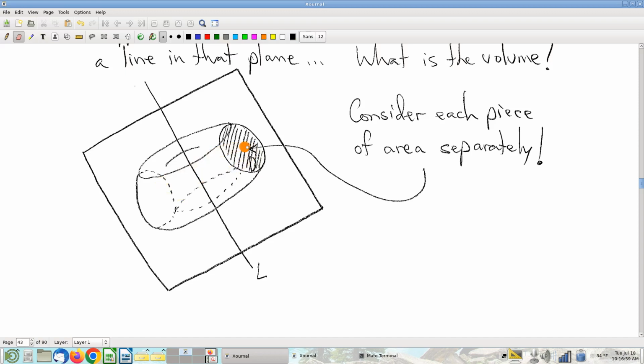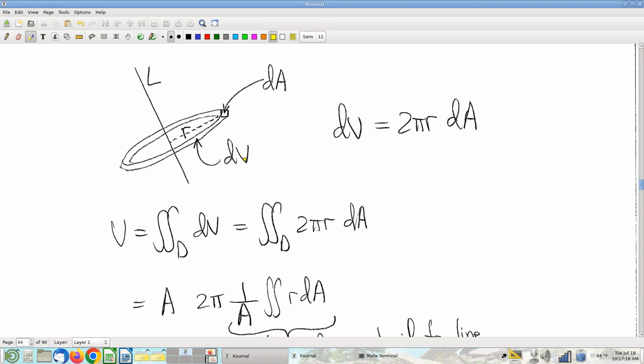All right. So what I'm going to do is write down a formula for the volume generated by one little piece of area, and then I'm going to add that up over the entire region, aka I'm going to turn that into a double integral. So here's that process. First little piece of area, and that generates this volume.